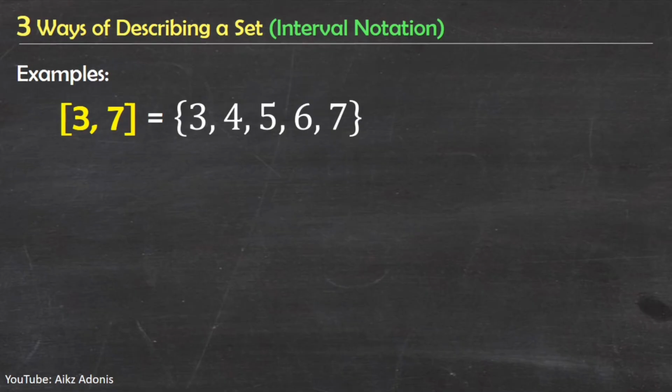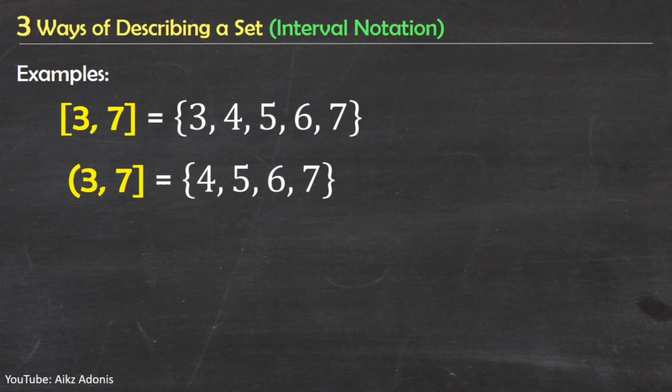Do you think 3 is included in the set? No, it is not included. How about 7? Yes, it is included because the symbol beside 7 is a bracket. Therefore, the elements of this interval notation are 4, 5, 6, and 7.